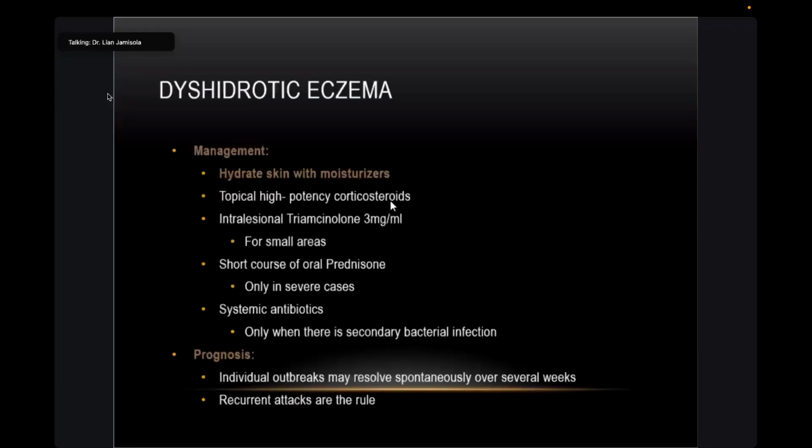For your dyshydrotic eczema, because it's located on the palms and soles, mas thick yung skin natin on the palms and soles, we give topical high-potency corticosteroids. Sometimes you also inject the steroids so that it will be absorbed well, no, in the epidermis. Okay, we can give oral prednisone, antibiotics when there's already secondary bacterial infection.